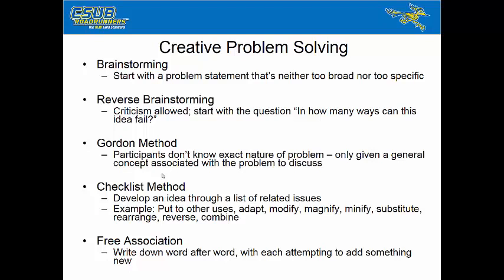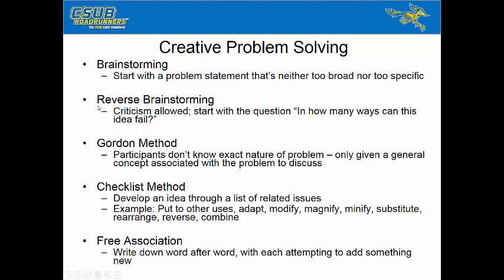A statement like, the shade of yellow on Microsoft machines is too light and it's hard to see, would be a very, very specific brainstorming problem. Microsoft machines have bugs, that's too broad. It needs to be somewhere in the middle to be an effective statement to use for brainstorming.